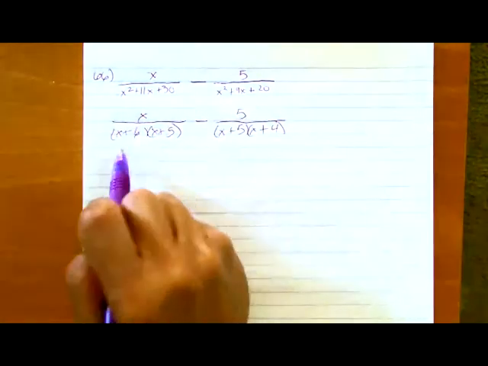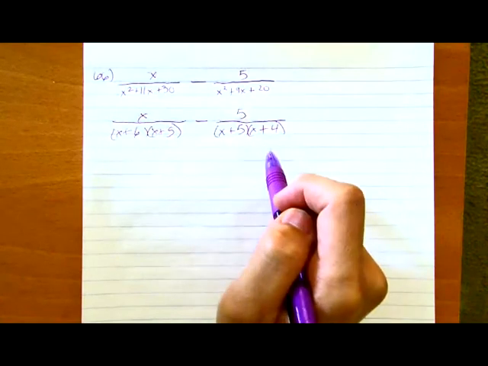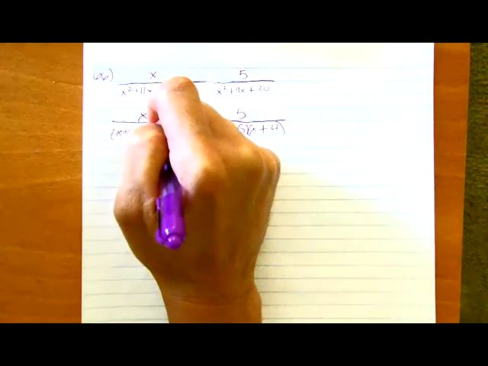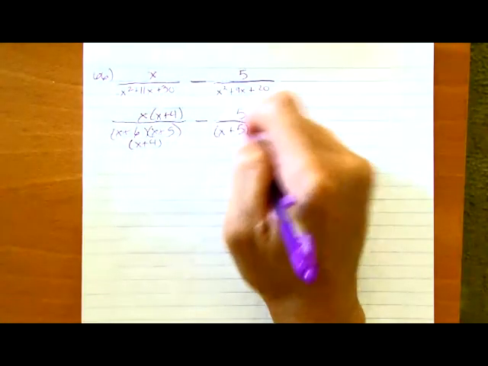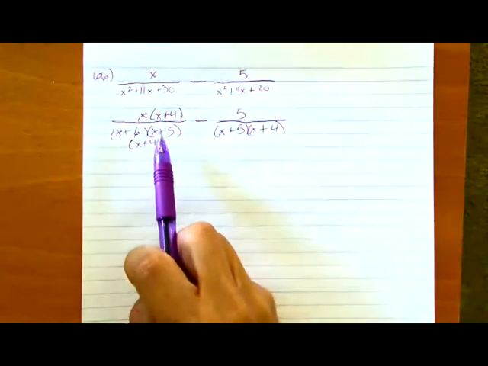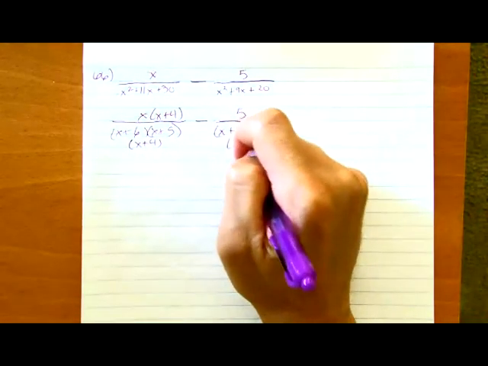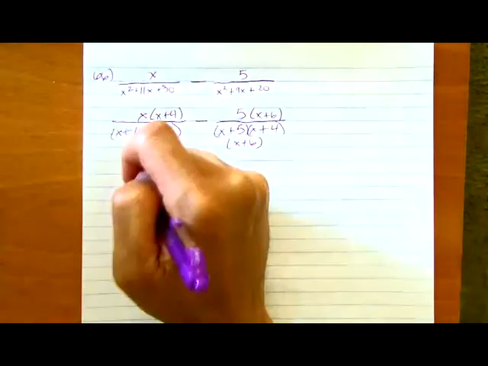Okay, this denominator is missing a factor that this one has, the x plus 4. So we're going to multiply top and bottom. This denominator is missing something that this denominator has, x plus 6. Okay, denominators match.